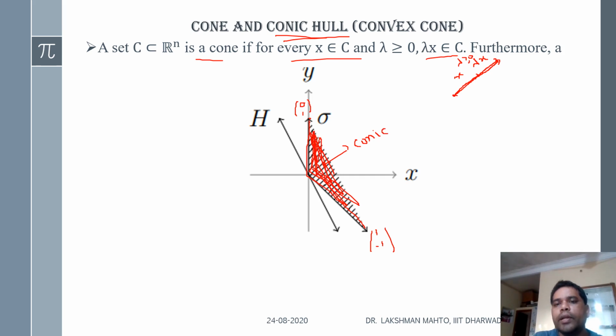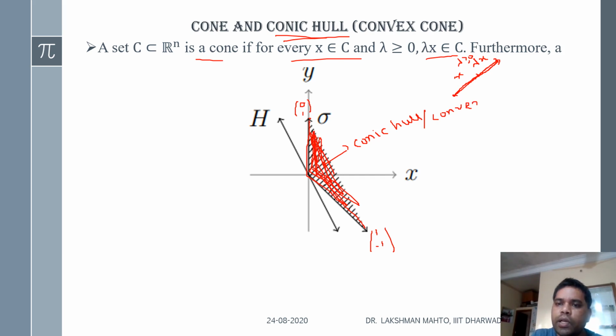So this is the conic hull of the given vectors, or we can call it the convex conic hull of the given points, or the simple name is convex cone.